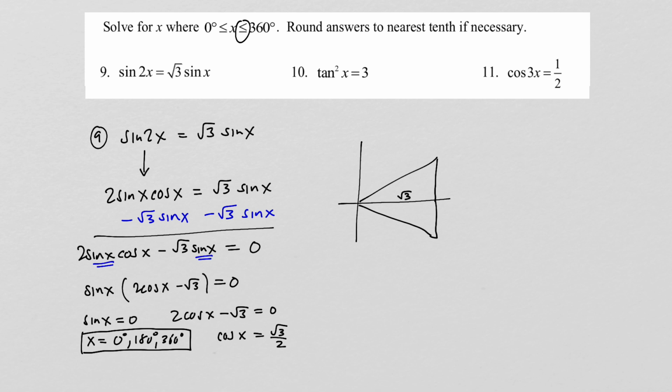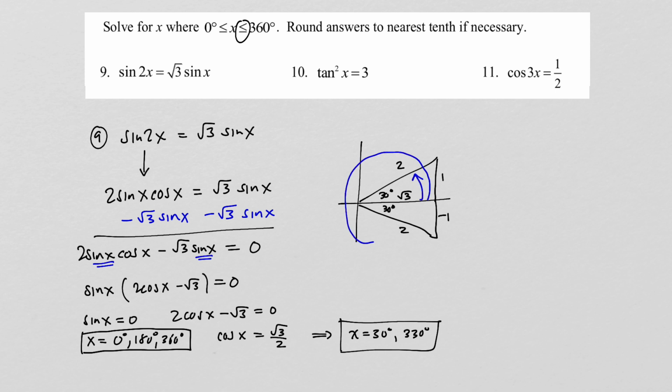And cosine is adjacent over hypotenuse, which means the opposite side here is going to be 1, which means the reference angle is 30 degrees. And so the two solutions here are going to be 30 degrees and 330 degrees, right? Because our solutions are this angle here and then this angle here.